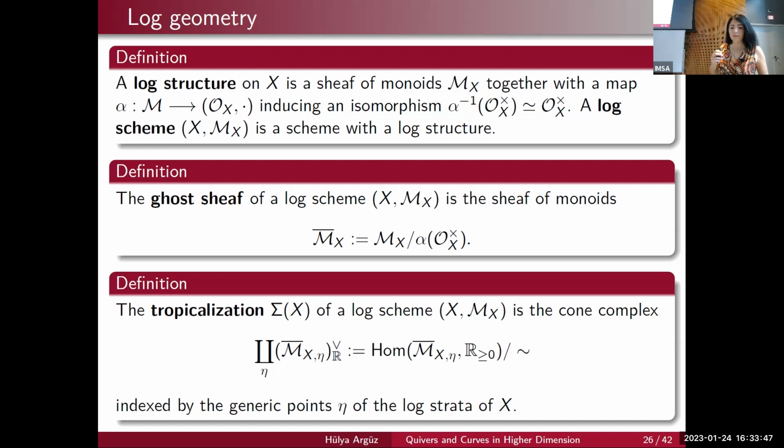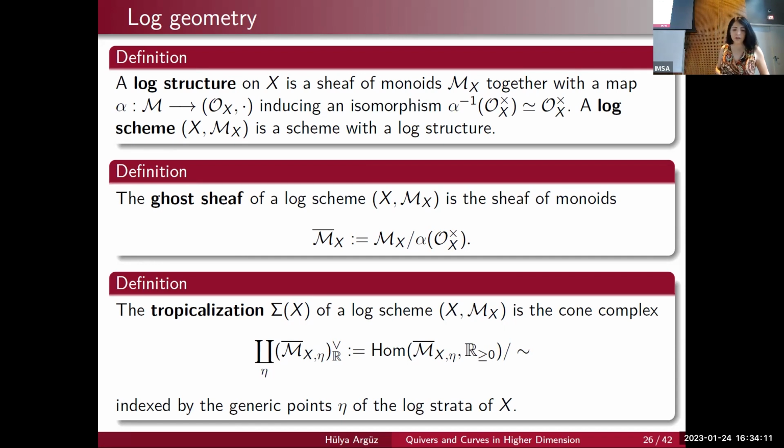There is this discrete data of a log structure: when you get rid of the copy of the invertible elements of your structure sheaf, you obtain a sheaf which we denote by M bar, which is called the Gauss sheaf, and we do most of the combinatorics we need using this Gauss sheaf.